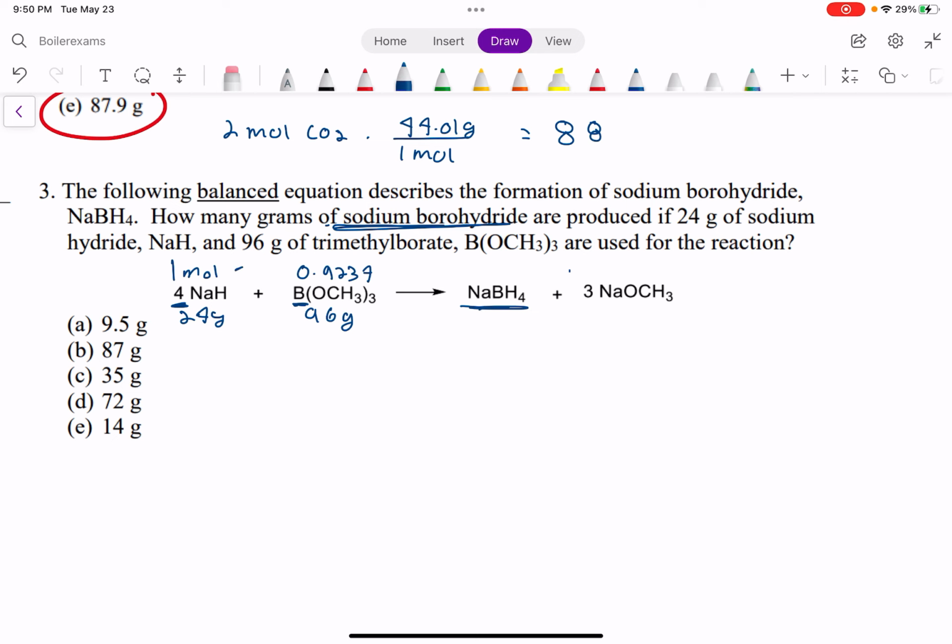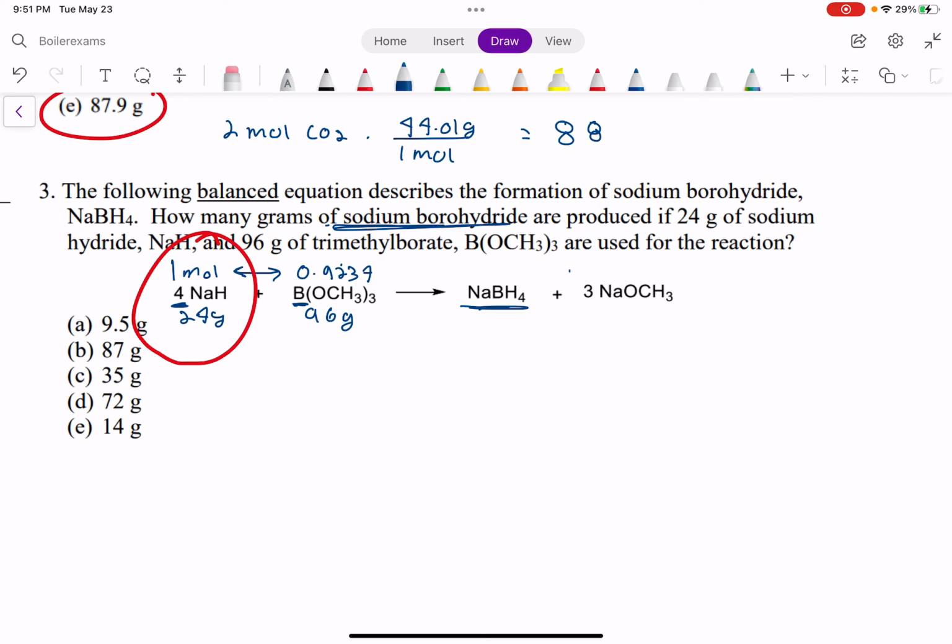And they have nearly the same amount of moles present. This sodium hydride is going to be consumed at 4 times the rate. So in the time that this reaction is going to go through 1 mole of sodium hydride, it'll only go through about 0.25 of the second reagent. So sodium hydride is definitely going to be our limiting reagent because it's consumed way quicker, and yet we have nearly the same amount of both of our reactants.